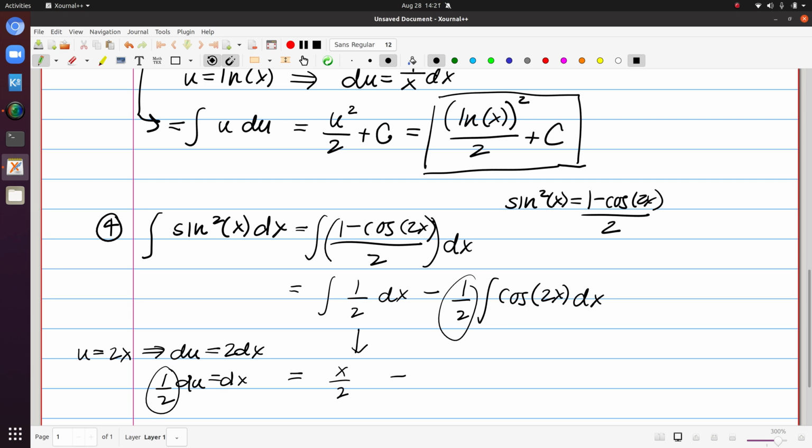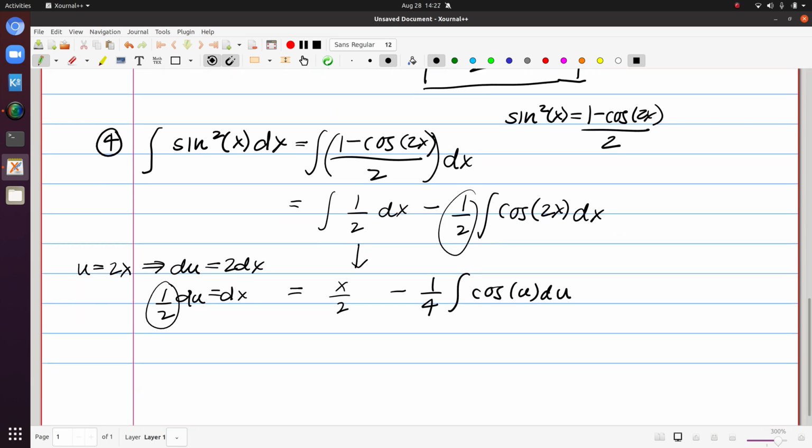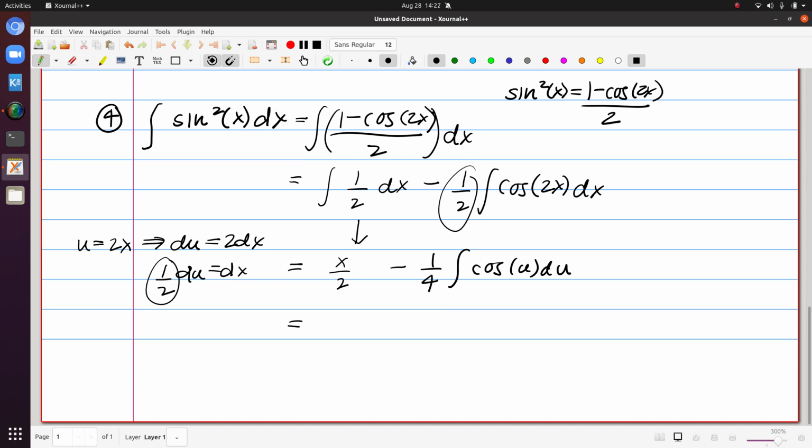So this really becomes minus 1/4 the integral of the cosine of u. We have x over 2 here. Antiderivative is now going to give me minus 1/4 sine of u plus c.